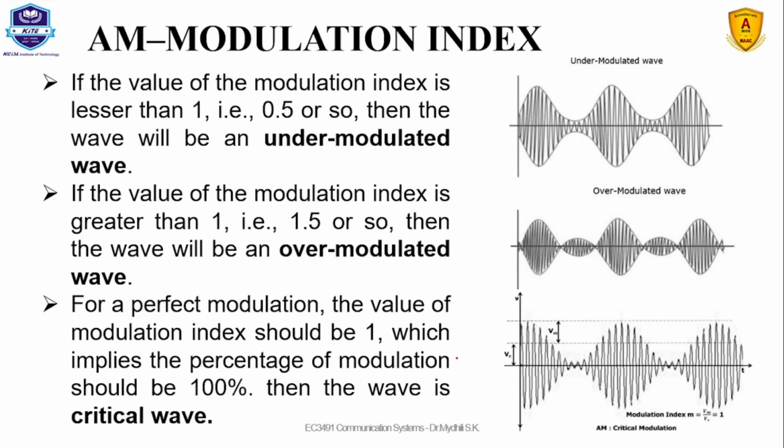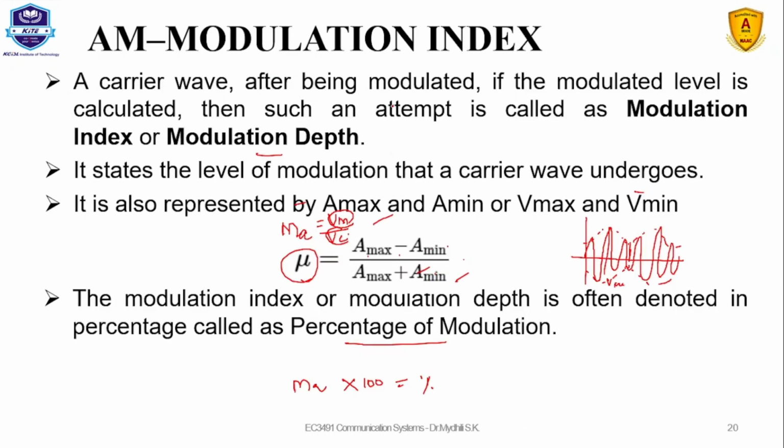Now, as we said, the modulation index depends on the carrier wave, and how deeply it is modulated is explained here. Always, when Vm is equal to Vc, it has 100% modulation. Are you clear? In the previous equation, just by multiplying by 100 we get the percentage modulation.